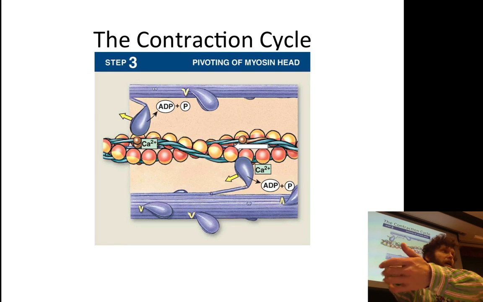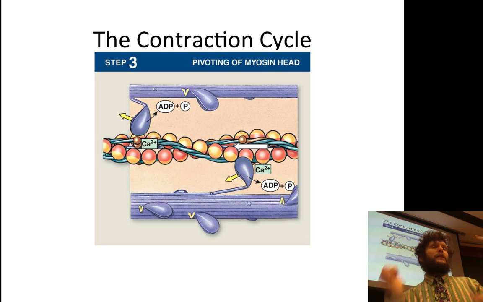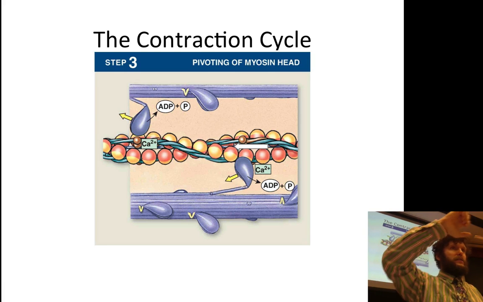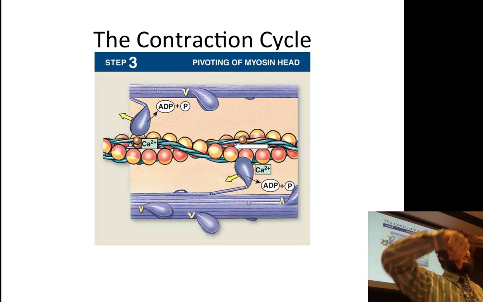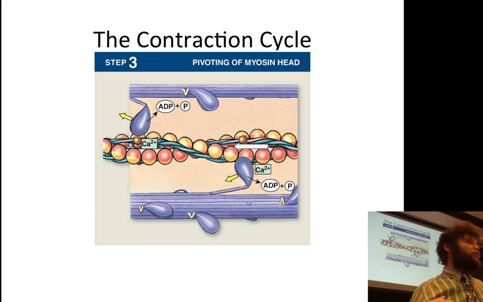As soon as that transient cross-bridge formation happens, that enables the hinge to contract, and this is when actual movement happens. The spring in the hinge region of the myosin flips, releasing the energy of the original hydrolysis of ATP. In so doing, it causes a conformational change that kicks off the ADP and the inorganic phosphate.